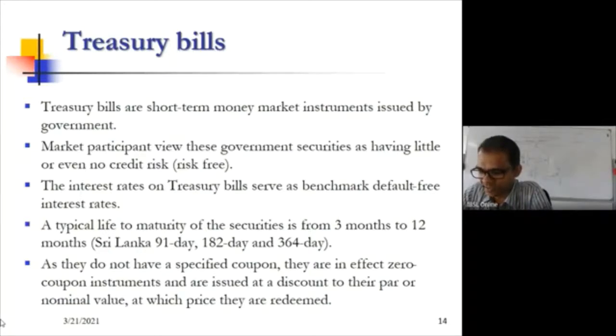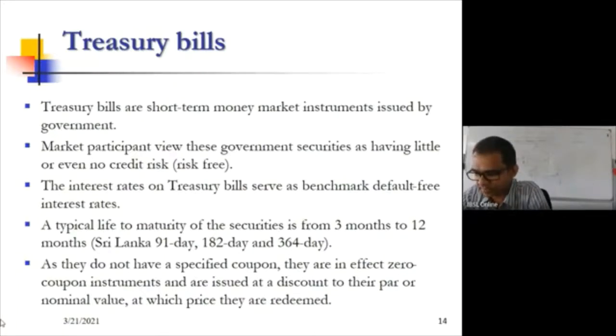Say a 91-day treasury bill, you bought it at 95 rupees. After 1.5 months, you may or may not sell it at 97.5 or 98. Whether you sell it at 95 or 94, 90, 99, everything depends on the market interest rates prevailing at the time that you are going to sell it.